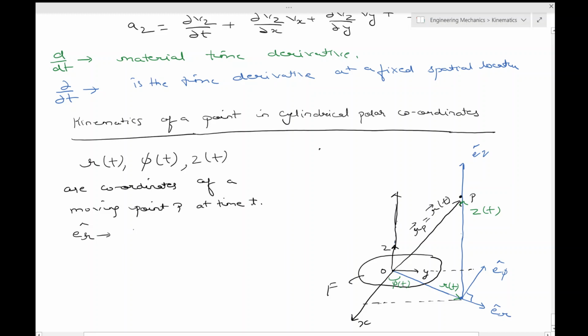So ER, which you see over here, is the radial outward unit vector in the direction of increasing r. So this is the radial direction, this blue line which is shown, and as r keeps on increasing, that's the direction of ER.